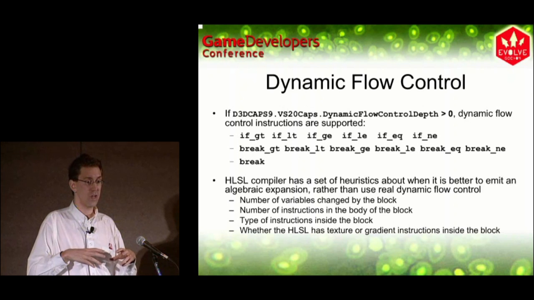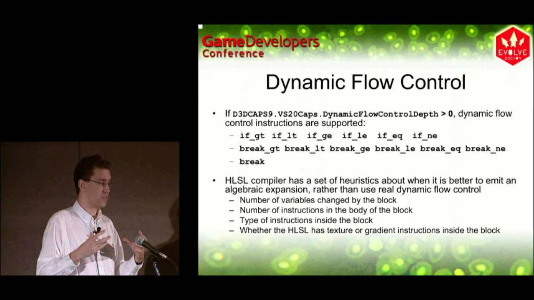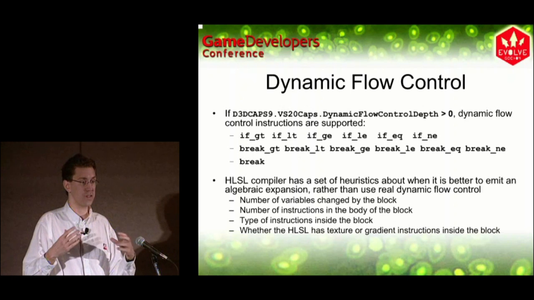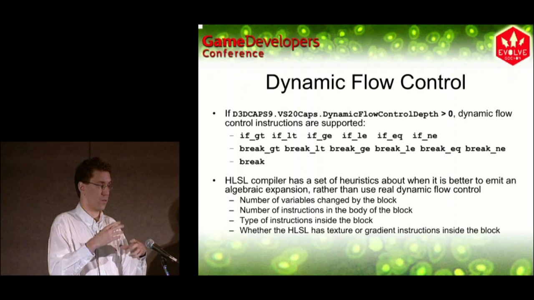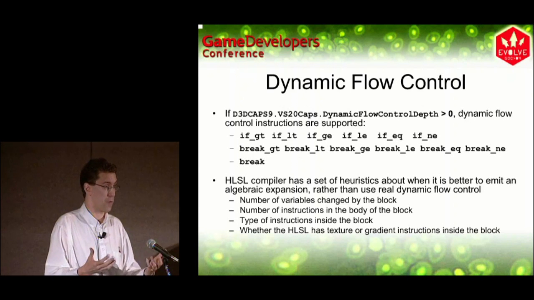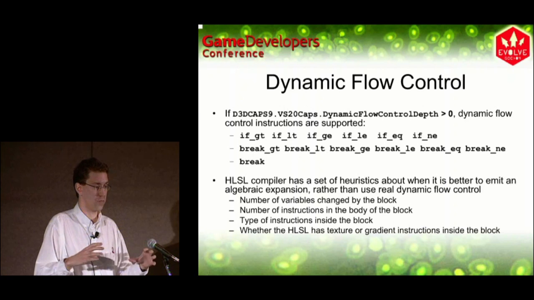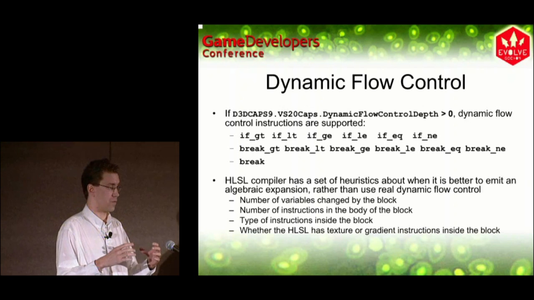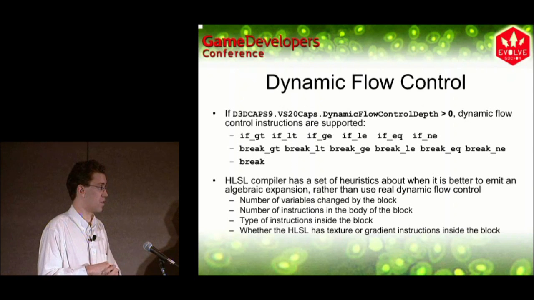If you have some HLSL code with if-elses that are based upon computed data, that would naturally generate a dynamic flow control construct at the virtual machine level, it may or may not generate these kinds of instructions in the resulting assembly.